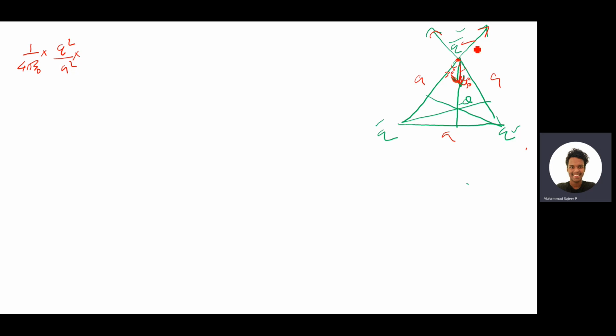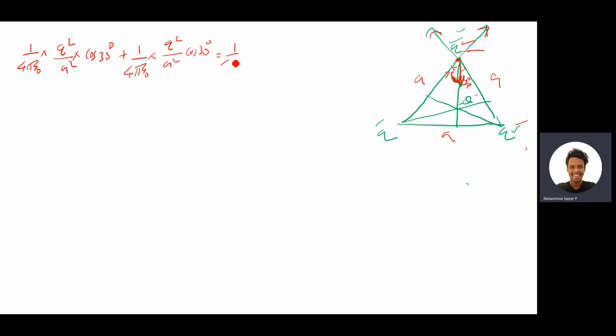Since this is 30 degrees, the component of this will be cos 30 degrees. Then again, look into this Q and this Q, it will also be Q square by a square cos 30 degrees. That should be equal to the force which is minus q and this q.